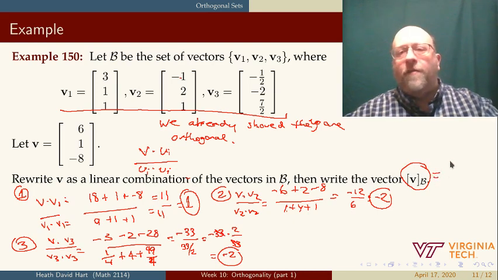And so the coordinates of this vector are 1, negative 2, and negative 2.